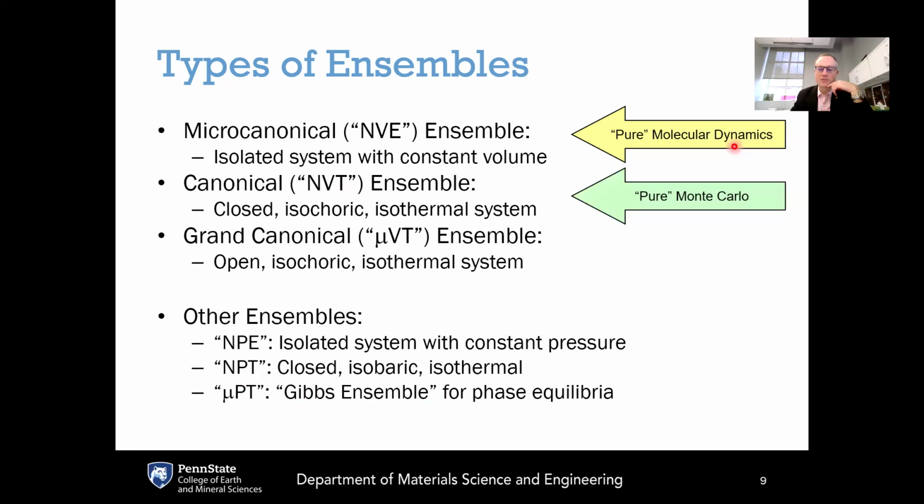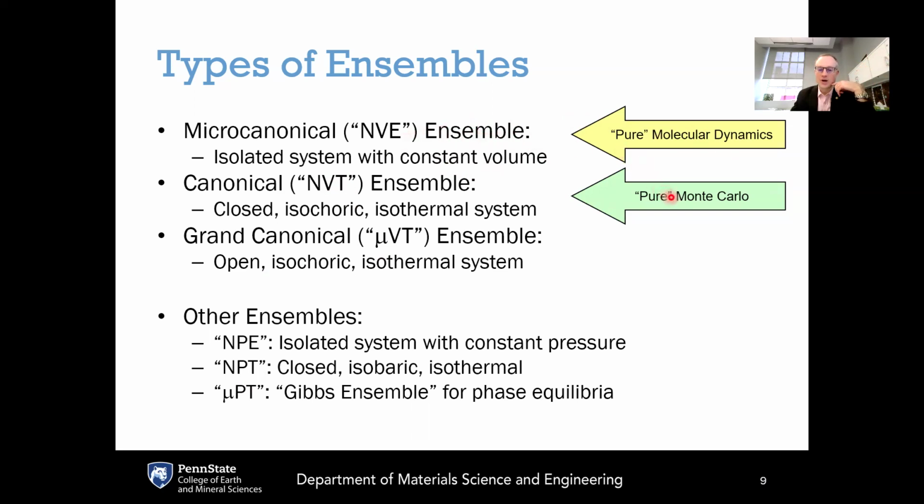But right now, I just want to point out that one of the key differences between MD and Monte Carlo is the default ensemble, or kind of the native ensemble of the technique. With MD, because it is solving Newtonian mechanics, it is going to assume by default that the energy of the system is constant, and therefore, by default, it is a microcanonical ensemble.